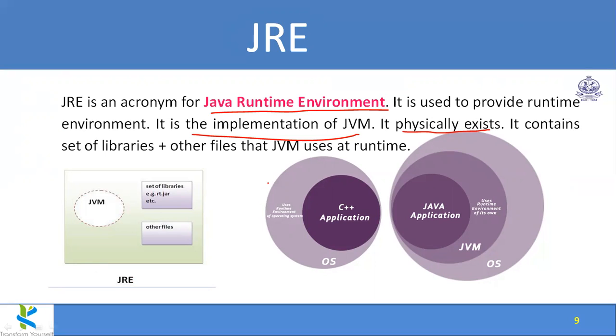When you see the first circle here, in the case of a C++ application, this is the OS we have installed, and inside it my C++ application runs, using the runtime environment of the common operating system. Likewise a web application, like Amazon that I run through the browser. All these share the same runtime environment.